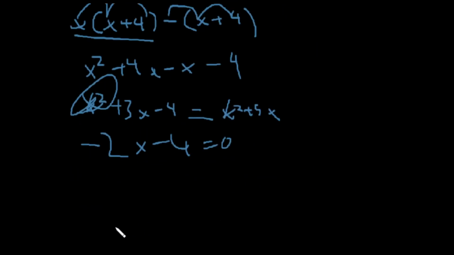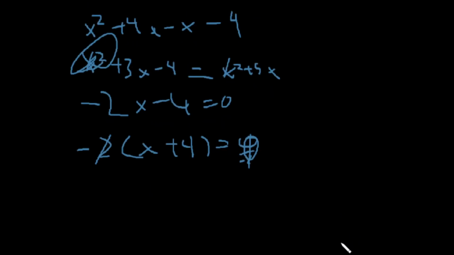So what you do is factor out negative 2, x plus 4 equals 0. Negative 2 divided by itself goes away into 1, and this turns into 0. So now it's x plus 4 equals 0, and x equals negative 4.